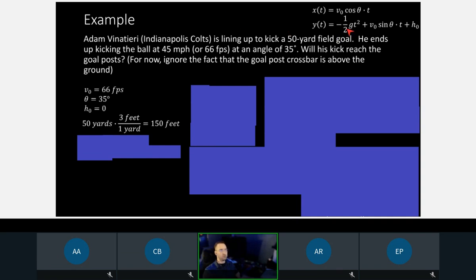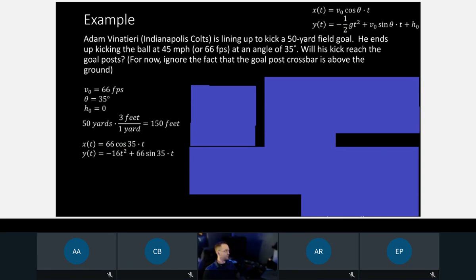Now, we are going to use 32 feet per second squared for g. So what's negative 1/2 times 32? Negative 16. Okay, good. I didn't show that step, but that's how I got negative 16.